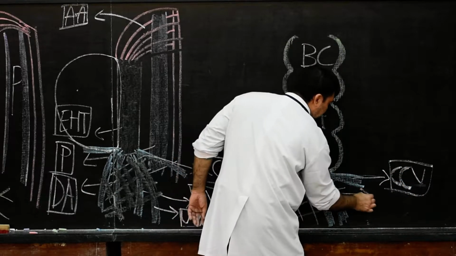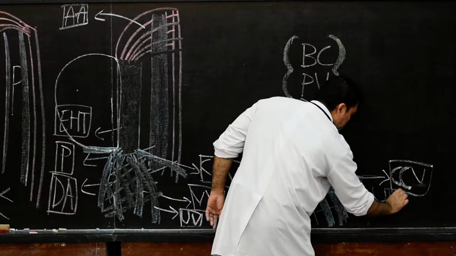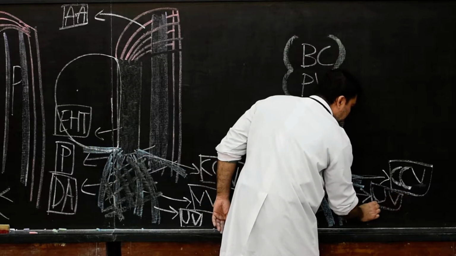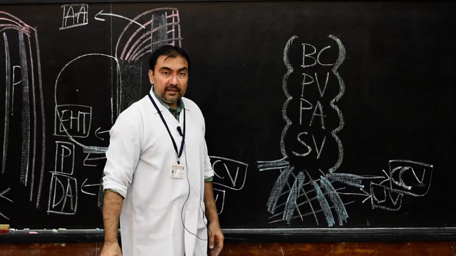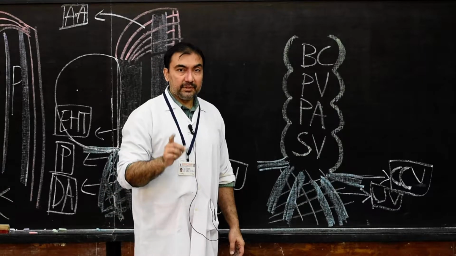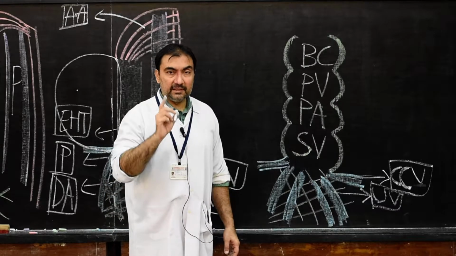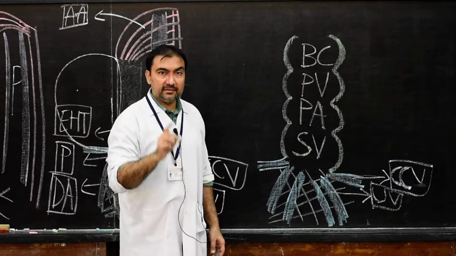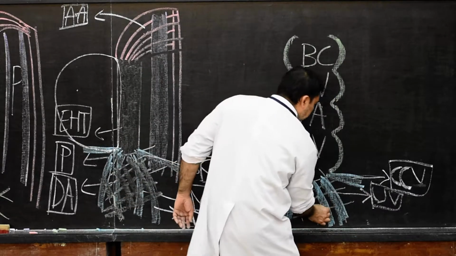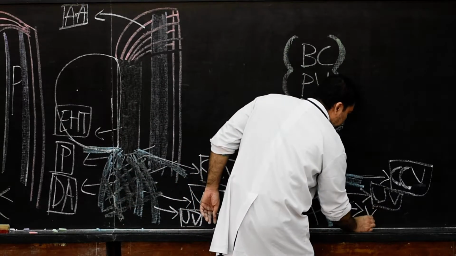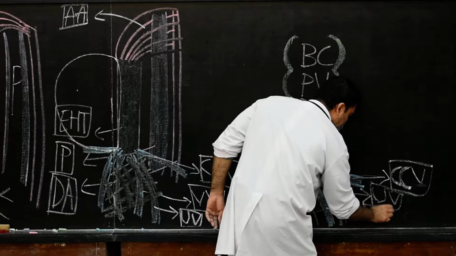Always name it properly, umbilical vein. And always remember, in anatomy, whenever you are drawing any diagram, the diagram is incomplete without nomenclature, without marking. So always mark the diagrams. And here, this will be vitelline veins.